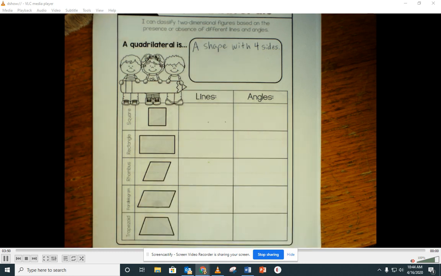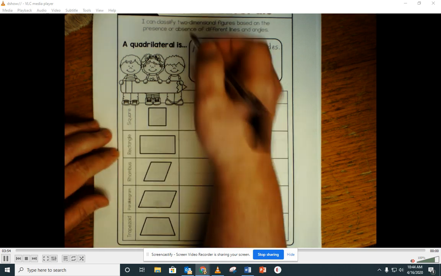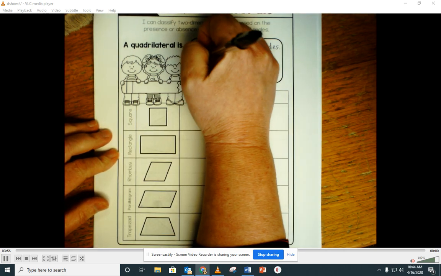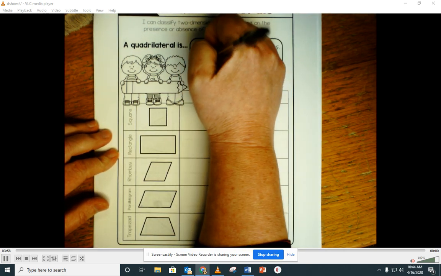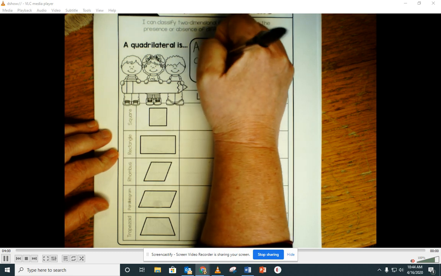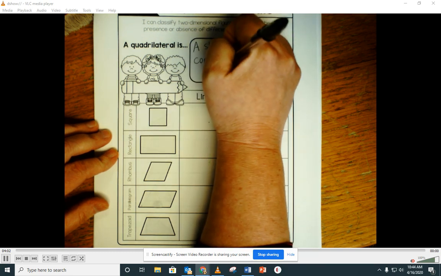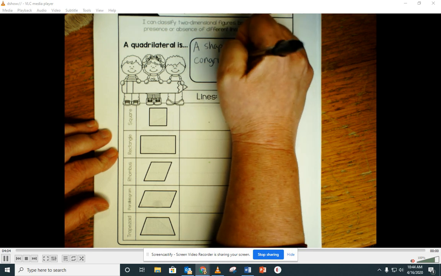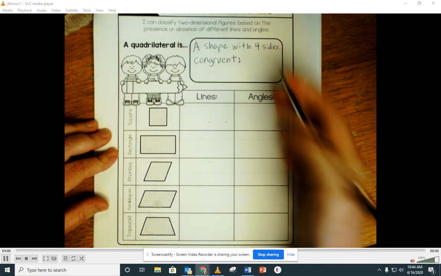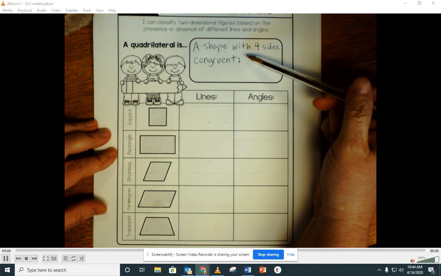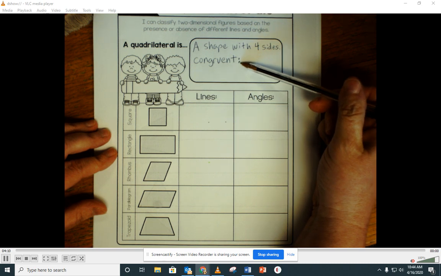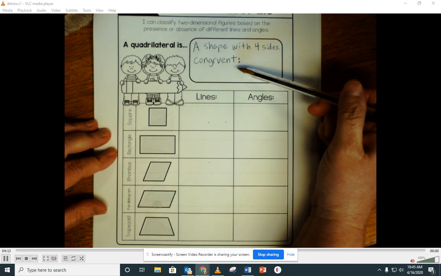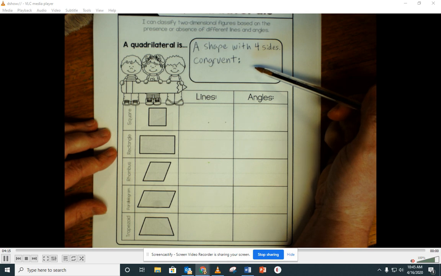There's another word that we need to know for this page, and that word is congruent. C-O-N-G-R-U-E-N-T. And then I'm going to put a colon. A colon is these two dots, and that typically means that a definition is going to follow.